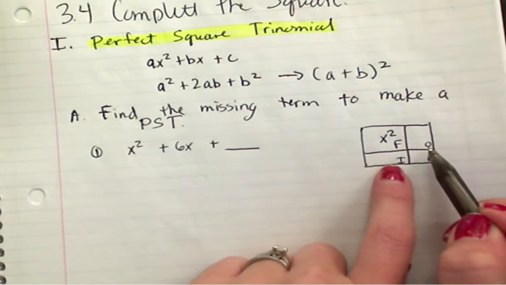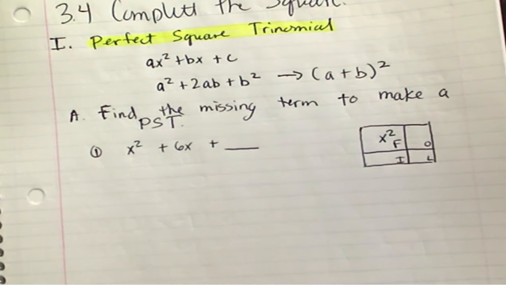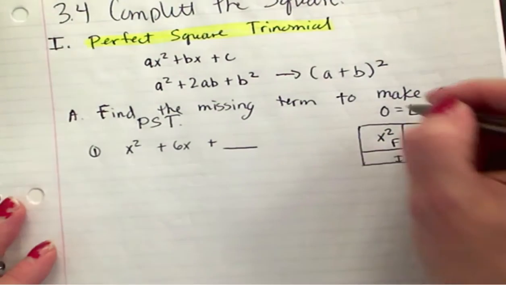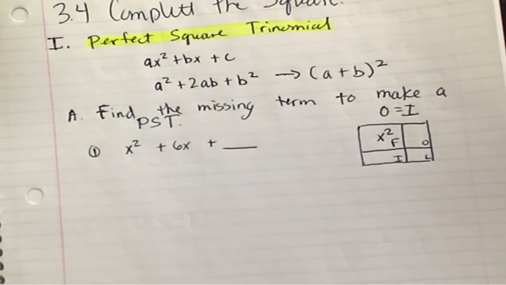All right, my outer and my inner, they have to be the same. That is the requirement. Outer and inner have to be equal for a perfect square trinomial. Have to be. So what should I put in my two boxes? Somebody else. Because you already know it.